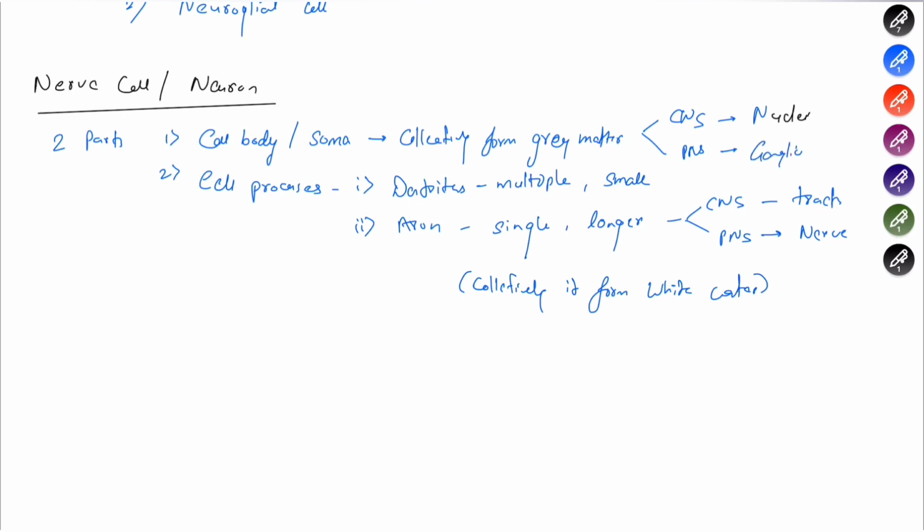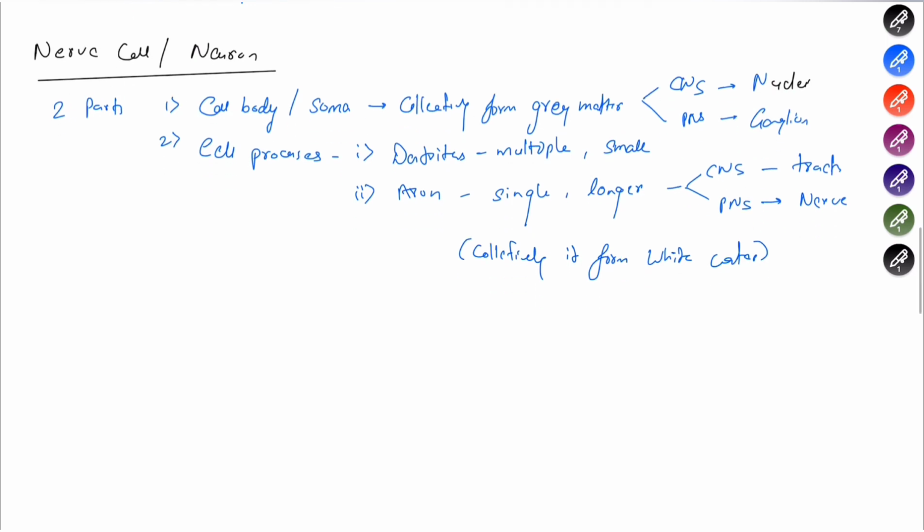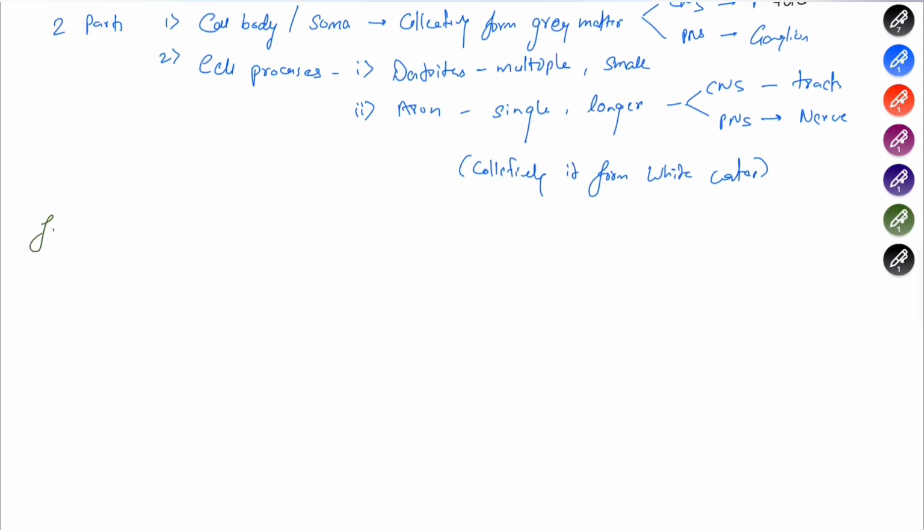Now, what is the function of a neuron? Function of neuron: sensation and conduction. Sensation and conduction is the function of nerve cell.